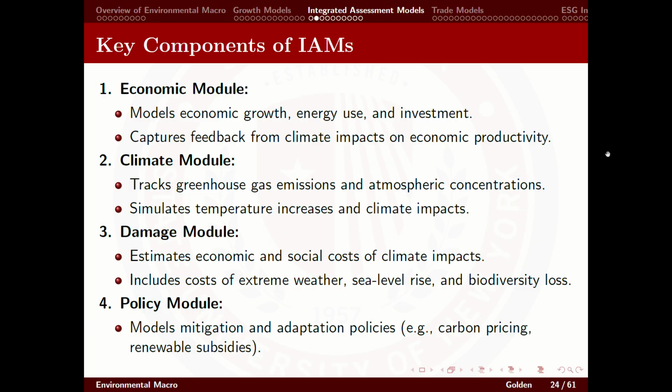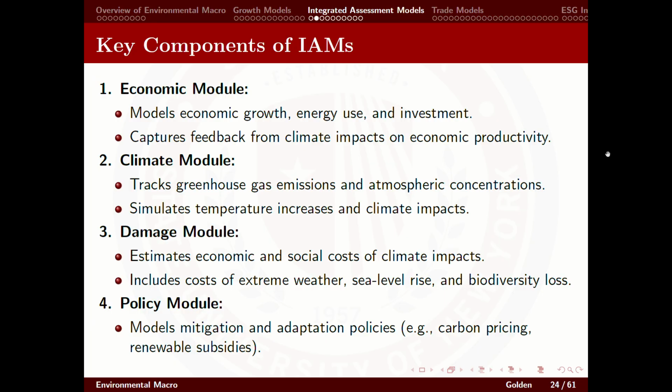So the reason why these things are so important and cool is because it helps you see, one, what goes into climate change and economics from a broader view, but two, also what there can be in terms of feedback loops.